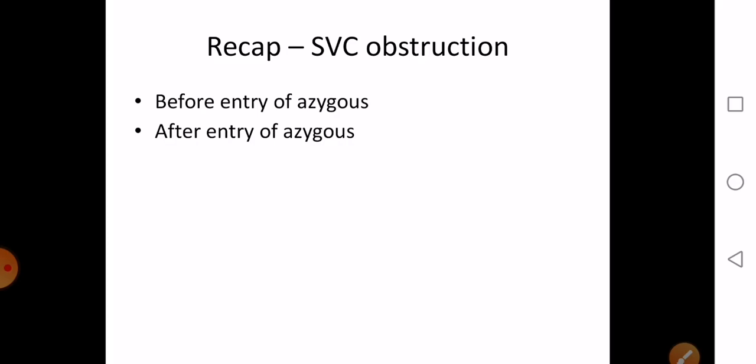It will not go to the inferior vena cava. If it is after the entry of the azygos, we have to shunt the blood into the inferior vena cava, which will carry it to the right atrium, and it has the same pathway as IVC obstruction pathway. Only difference is the direction of blood flow will be reversed.